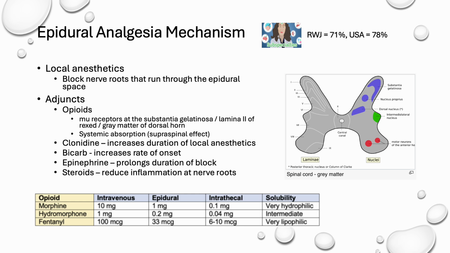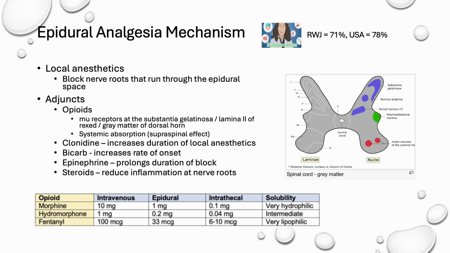Other adjuncts, as we've listed below, can be added to local anesthetic to exert different effects as well. Clonidine may increase the duration of local anesthetics. Bicarbonate increases the onset of action due to increased pH and creation of uncharged molecules that more readily cross lipid membranes.